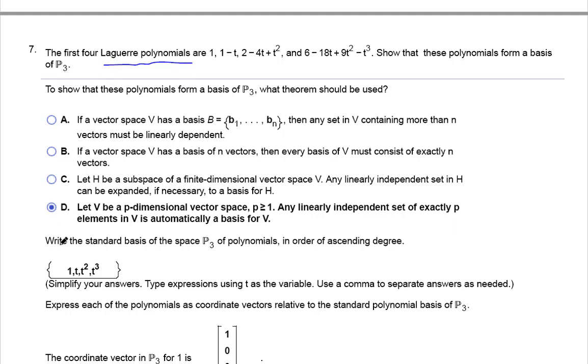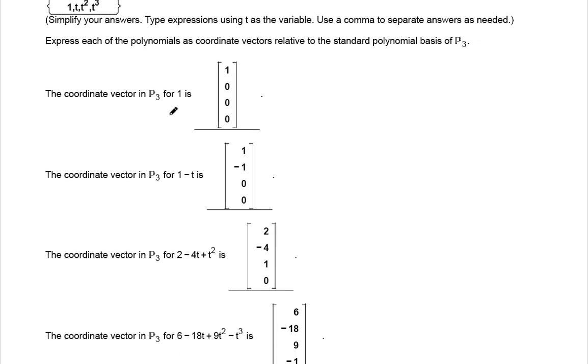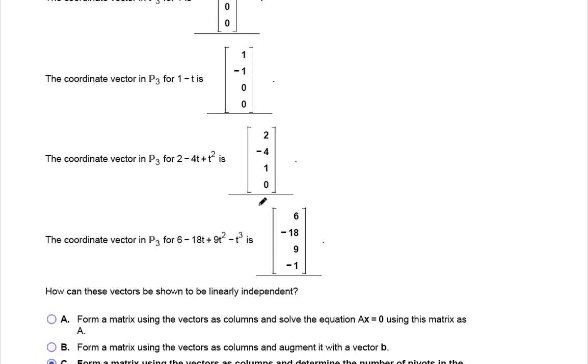So we basically do exactly the same things. We take these polynomials, write them in terms of the standard basis. So you see how they would look in the standard basis. The last one here, you see 6 is the constant, minus 18 is for the t, 9 for the t squared, and minus 1 for the t cubed.